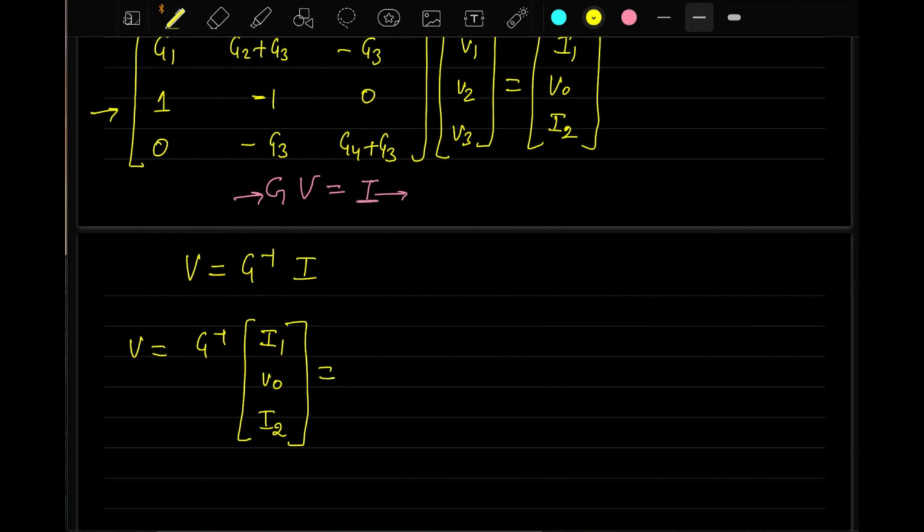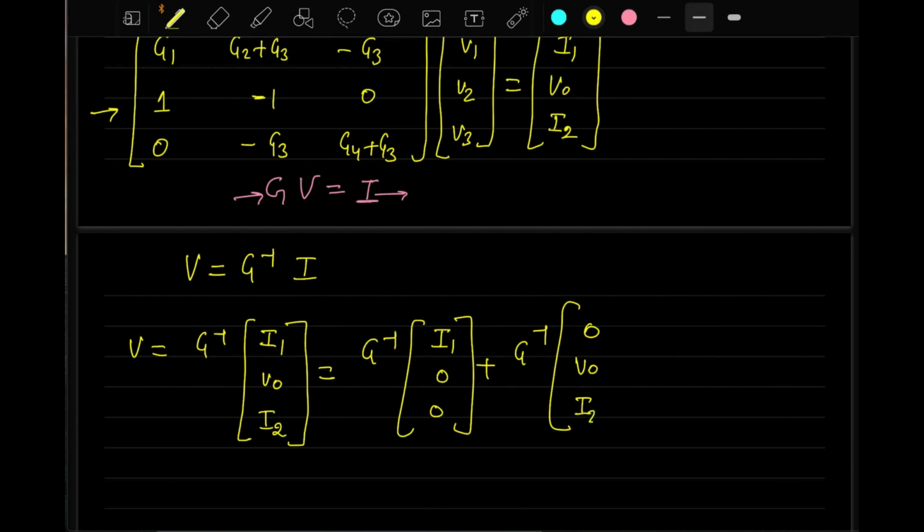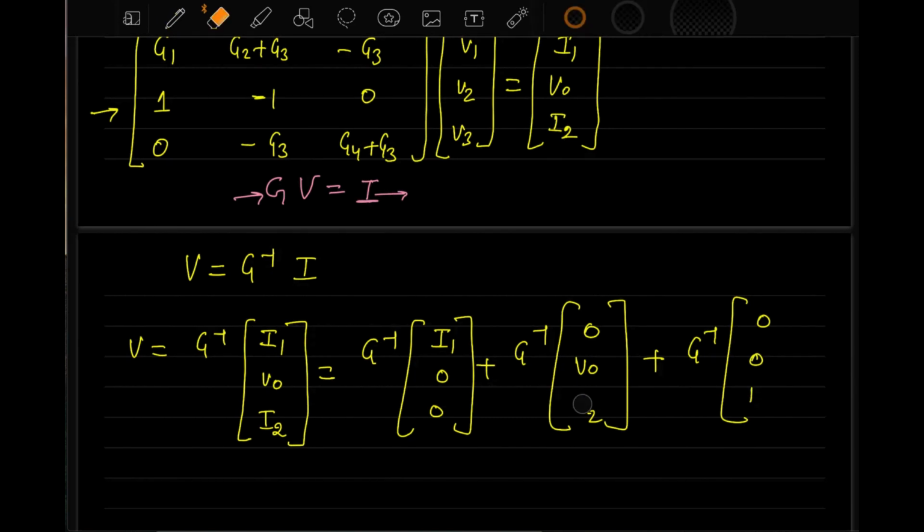So can we write I1, 0, 0, G inverse, 0, V0, I2? Sorry, not this here, it will be 0 here, and then we have I2. So can we solve like this?